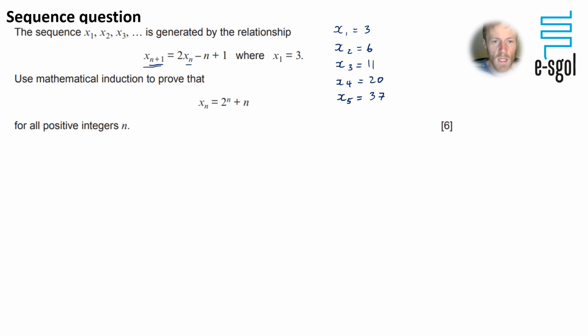And what they're saying is that down here we've got another way of writing the sequence, and this is the nth term of the sequence. So if we put a 1 into this formula, 2 to the power of 1 plus 1, that should equal 3. And if we put a 2 into the formula, 2 to the power of 2 plus 2, that should equal 6. 2 to the power of 3 plus 3 equals 11, etc, etc, etc.